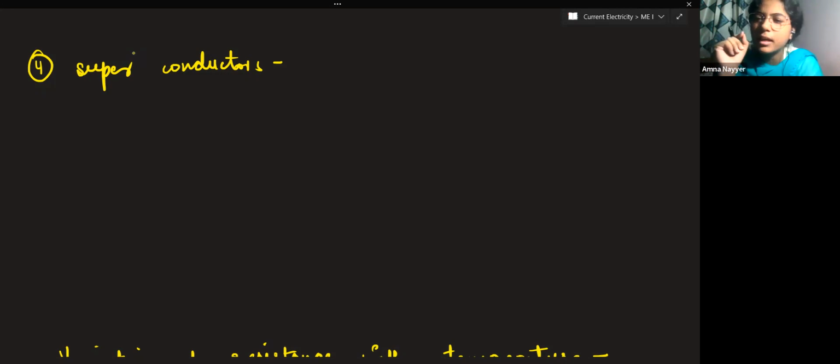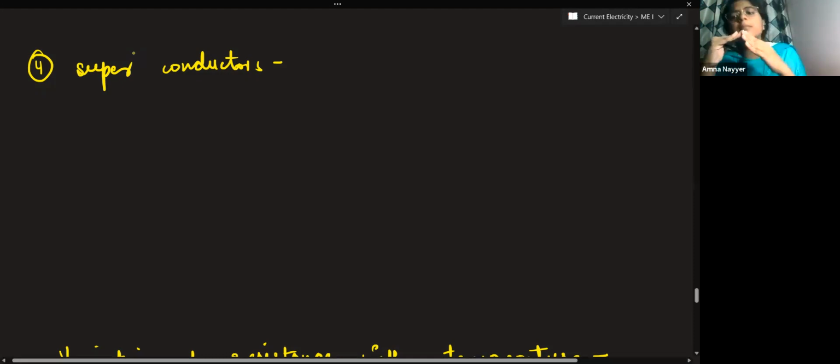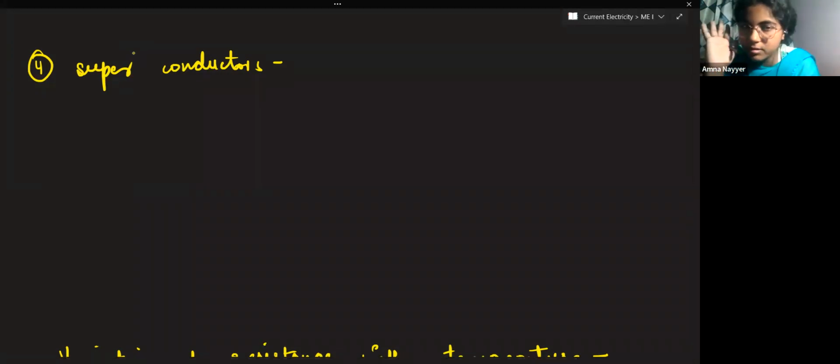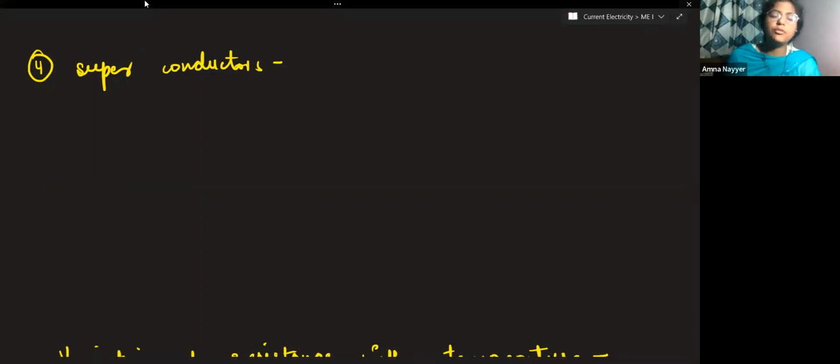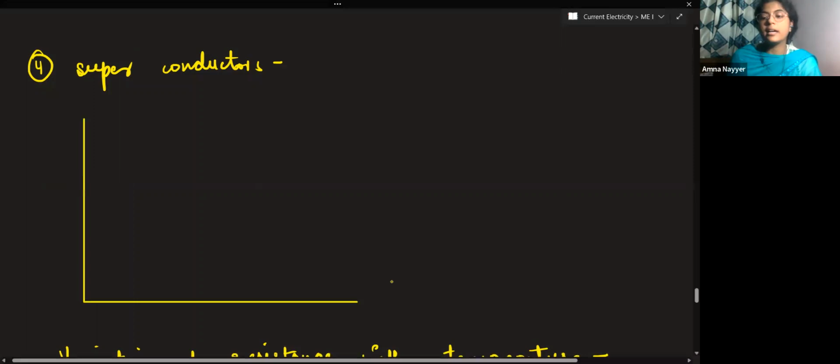These superconductors are such kinds of conductors that they have a certain temperature limit. Once that limit is crossed, only then will they show any variation in resistance. I'll explain with the help of a graph. Superconductors rarely come in the exam. Mostly conductors and alloys come.